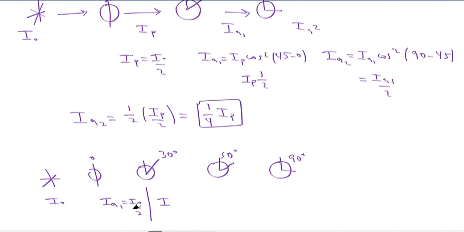Okay, this is actually I_P. This is I_A1. I'm just going to do the substitution right away. I know that I_P is I naught over 2. So now I have cosine squared of 30 degrees. Cosine of 30 is the square root of 3 over 2, so when I square that, I get 3/4.